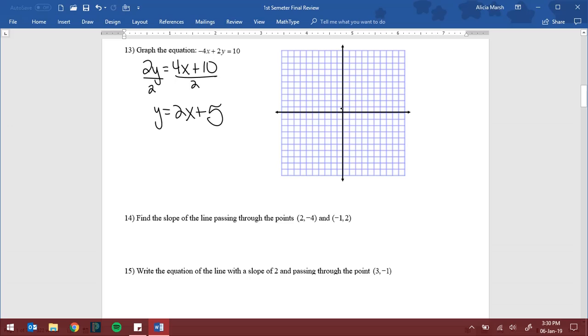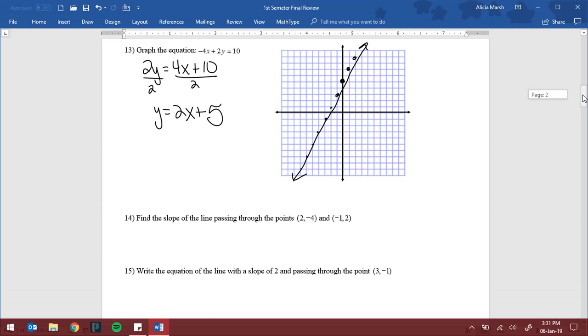So I'm going to start at 5. 1, 2, 3, 4, 5. I'm going to go up 2 over 1 to do my slope. I'm going to go backwards 2 so I get a nice full line. And then connect my dots, to the best of my ability. Kind of went a little wonky there, but that's alright.